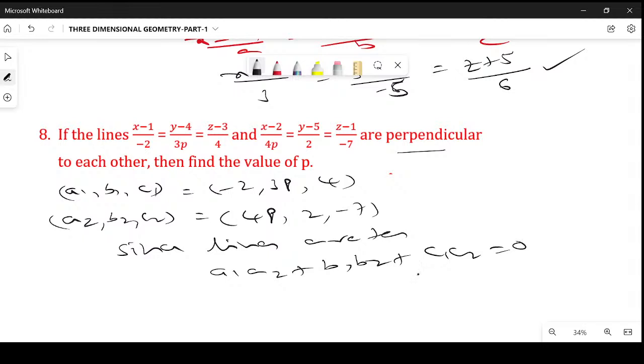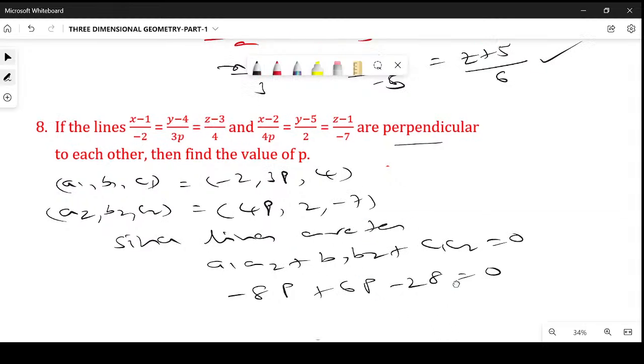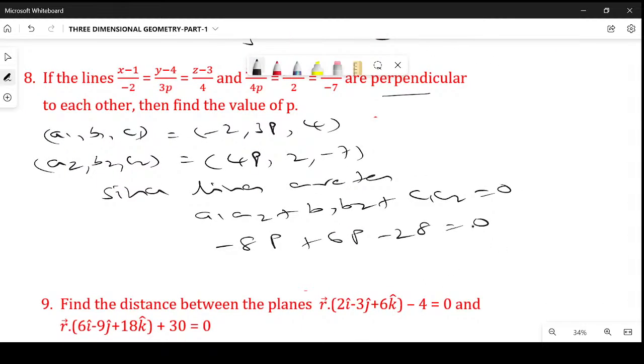If you use this property, minus 2 into 4p gives minus 8p, then there will be 6p minus 28 equal to 0. I can simplify: minus 2p is equal to 28 and p is equal to minus 14. So that will be our required answer.